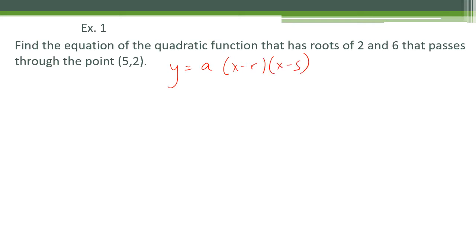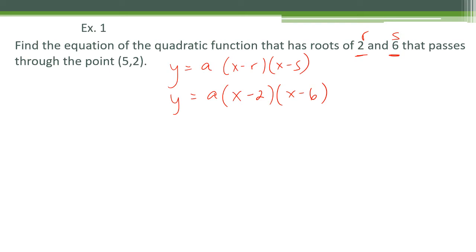It doesn't matter what letters you use, they're just placeholders. And I told you that you have solutions, roots, x-intercepts of 2 and 6. That's like your r and your s. So (x minus 2)(x minus 6). And the only thing you are missing is the a value. That's almost always what you're missing and what you have to find.